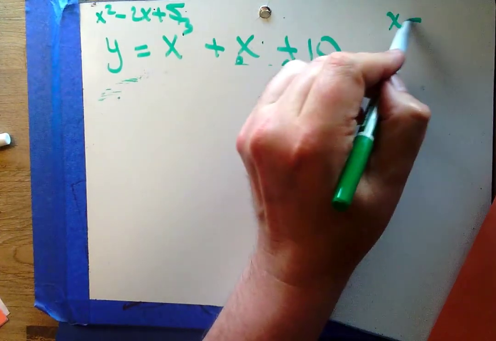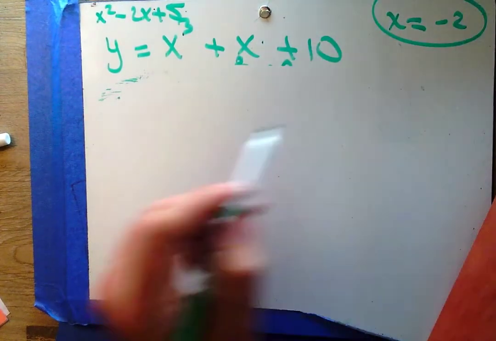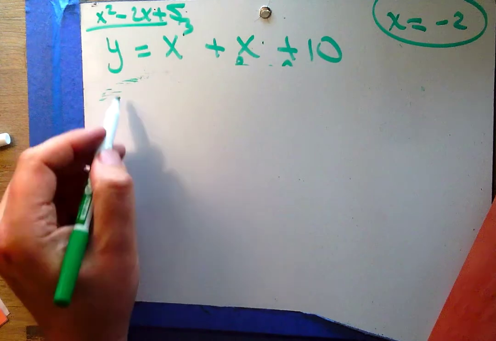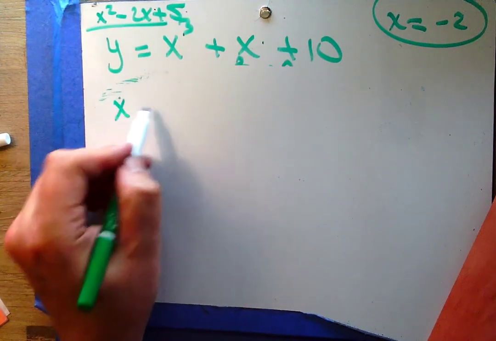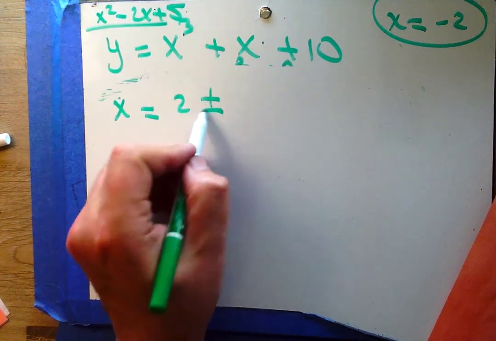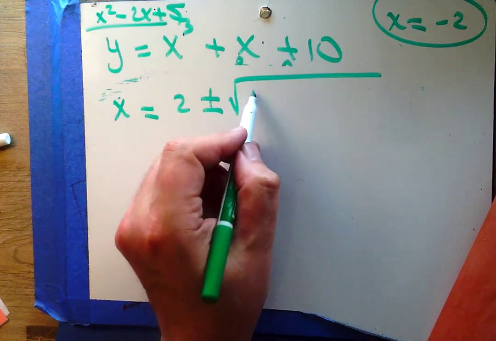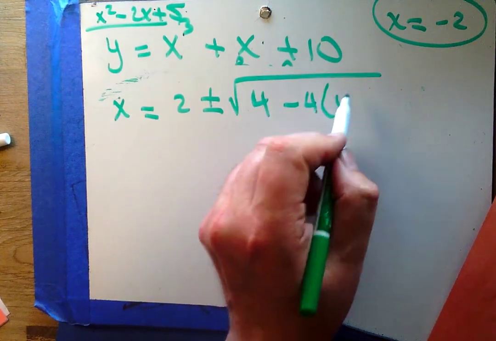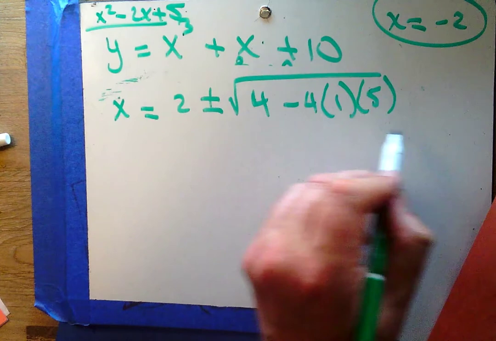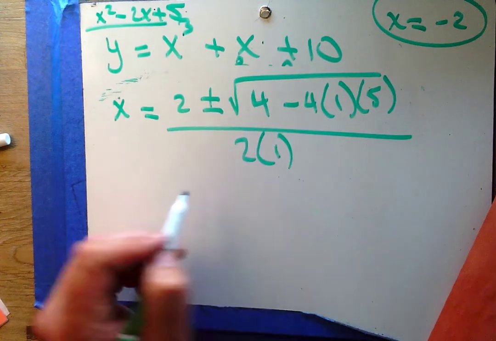We know that x equals negative 2 is one of our roots, and we're now looking at this saying, okay, x equals negative b plus and minus square root of b squared minus 4ac all over 2a.